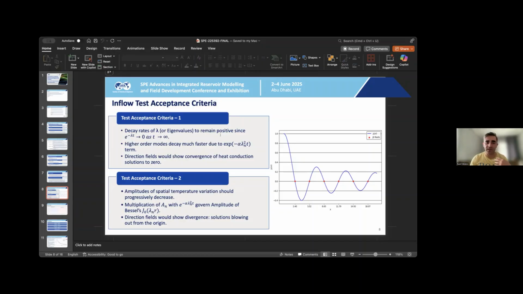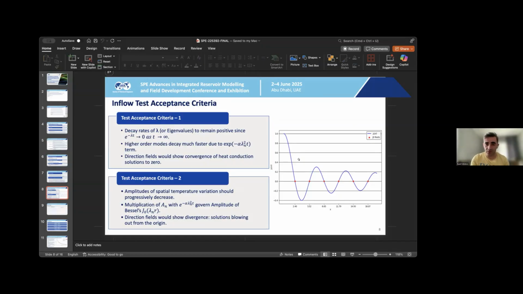In math terms, because you have a negative sign, if the exponent is also negative, then negative will be positive, so the function will not converge to zero because the exponent is positive. Whereas if you have lambda positive, then the exponent will stay negative, and it will draw the function to zero, which is exactly what we are after during this linear flow test.